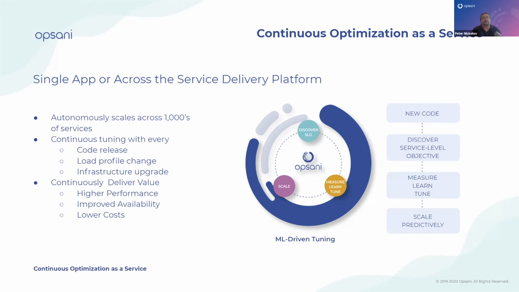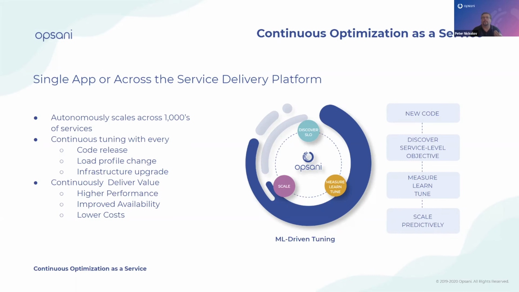Load profile changes. If the mix of requests that are coming to your application changes, this can serve as a trigger to re-optimize because resources that your application needs to perform effectively may change as a result of that.